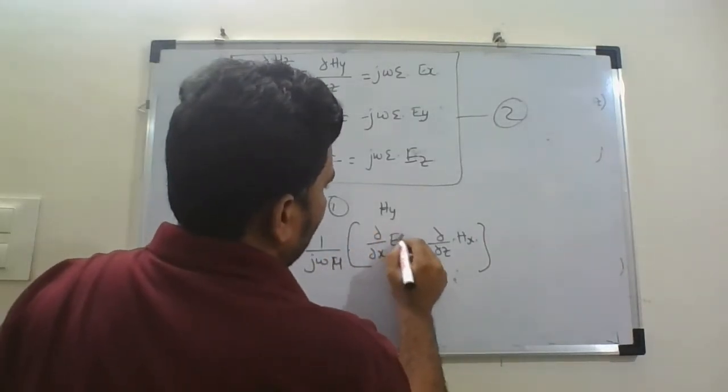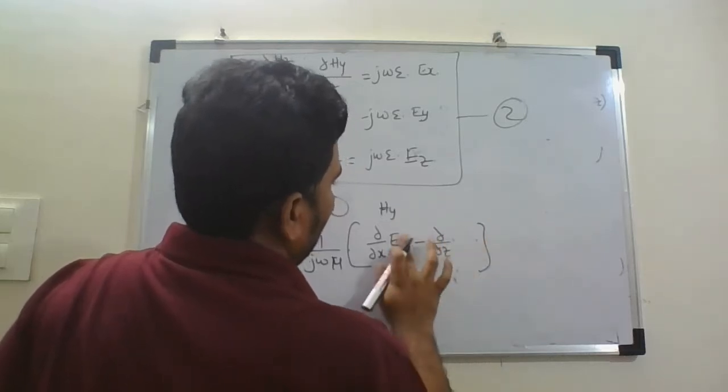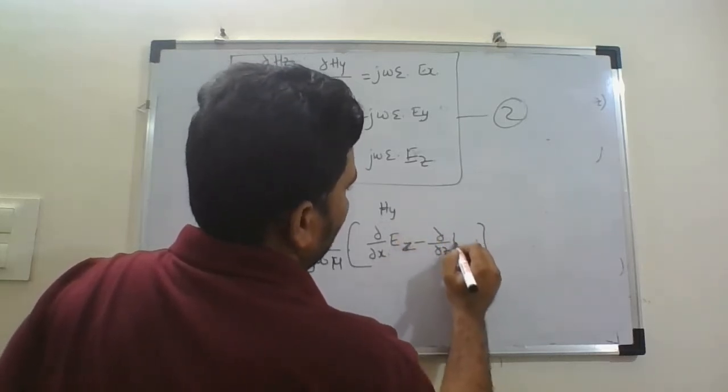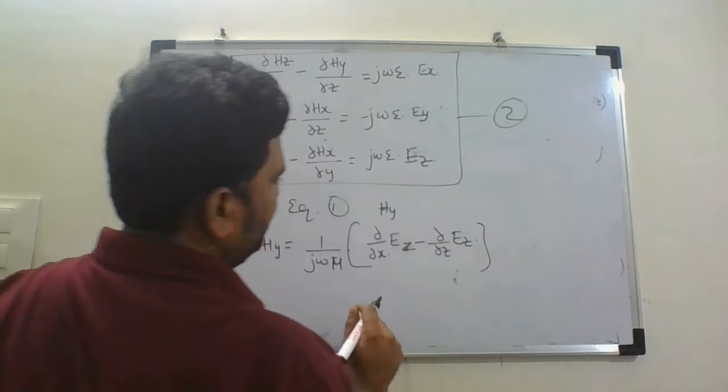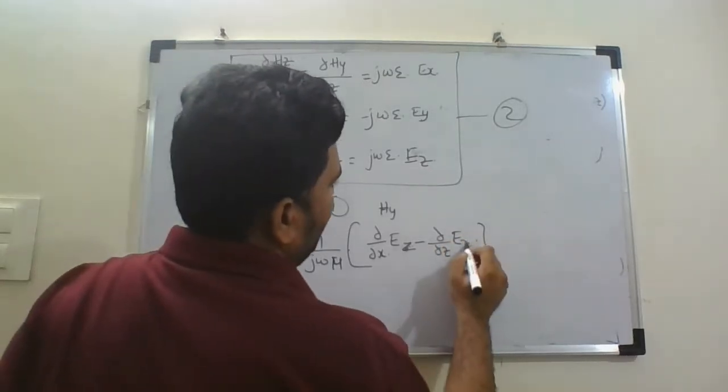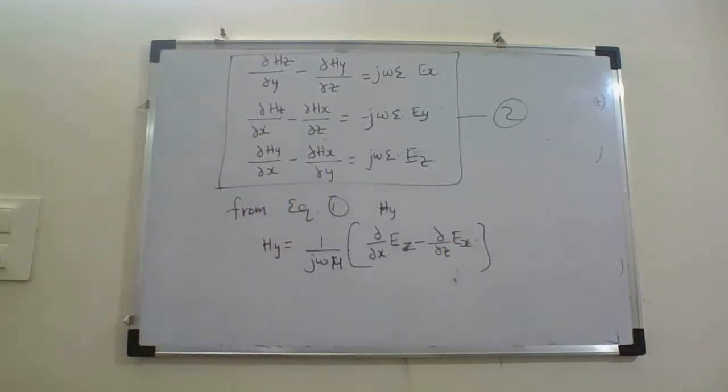Sorry, this is Ex and this is Ez and this is x. So looking at the second equation, Hy is equal to 1 by jωμ into ∂/∂x of Ez minus ∂/∂z of Ex. Okay, correct.